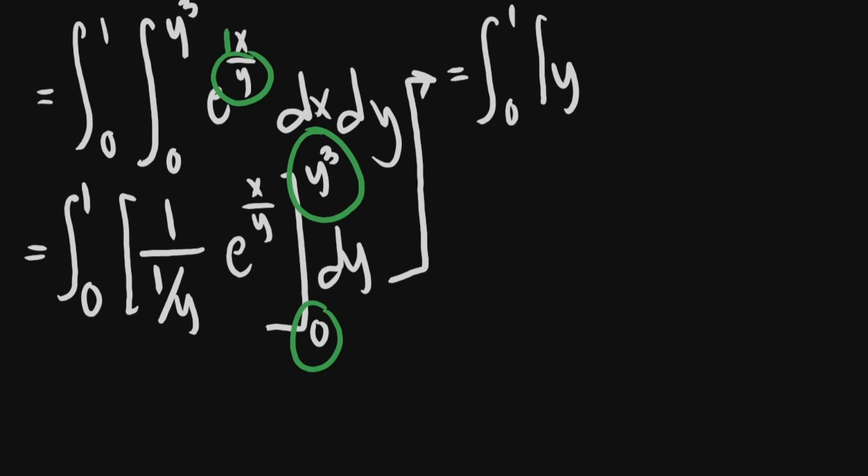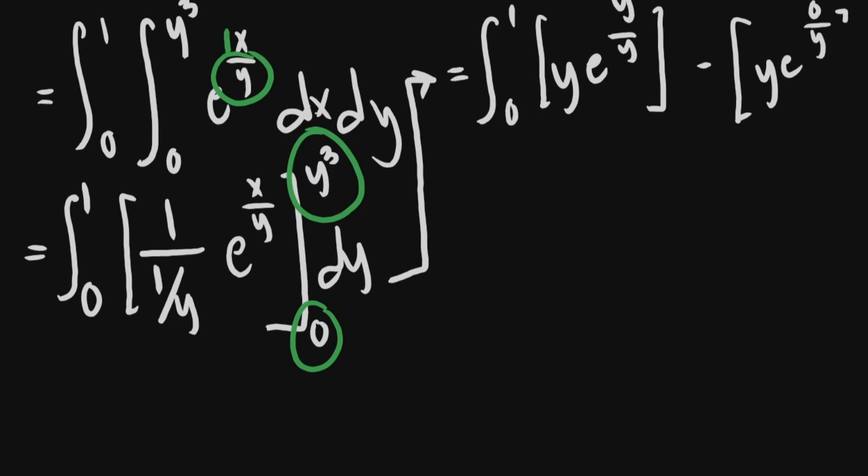Then let's substitute it. Take note that since it is dx, we should only substitute the x, not the y, since the y is the constant. So y cubed over y minus y e to 0 over y dy.